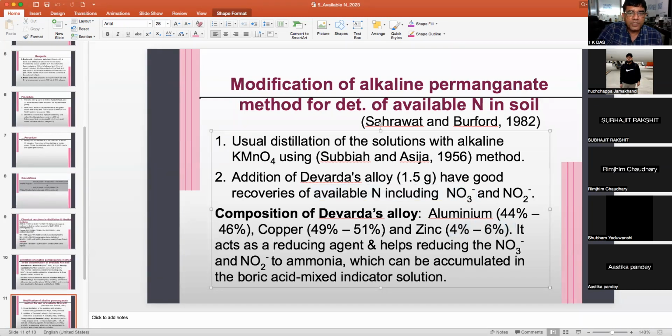It acts as a reducing agent. These metals reduce the nitrate to ammonical form, and help reduce the nitrite to ammonia, which can be accumulated in the boric acid mixed indicator. So a little modification can be made in this method to recover all kinds of available nitrogen.